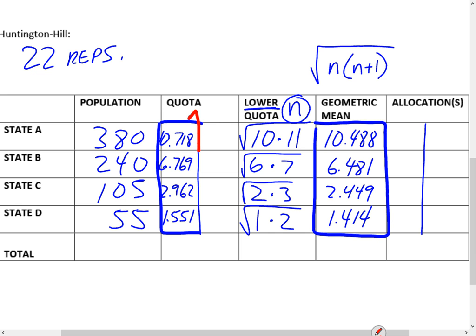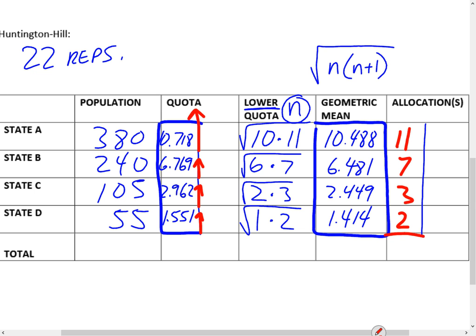We're going to bump that up to 11. So if these are more than this, we bump it up. If it's less than the geometric mean, we bump it down. It looks to me as if all of these are bigger, right? So all of these get bumped up to 7, to 3, to 2.